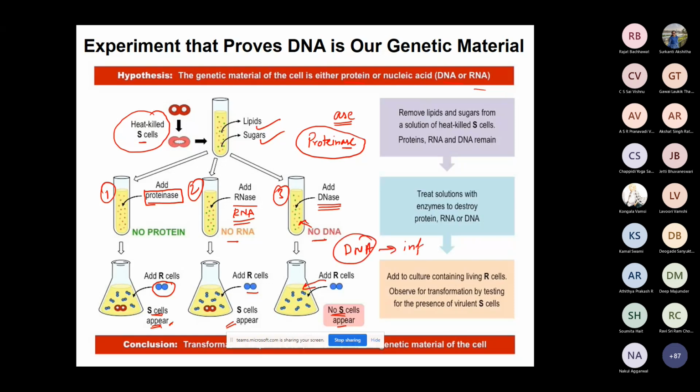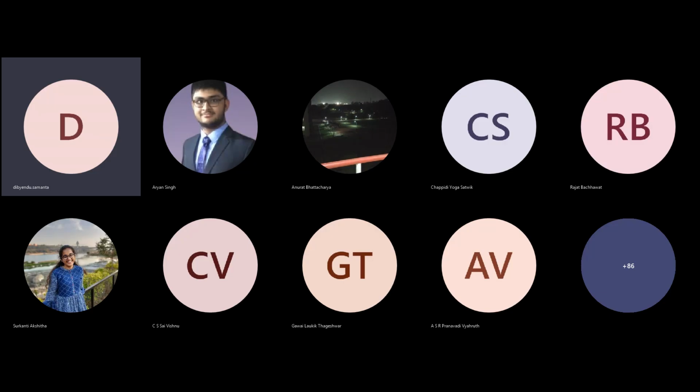Okay? DNA is our genetic information. Like whatever Griffith observed, if you combine both of these experiments, you can explain that DNA is our genetic material. And now all of us know, but I just discussed the overall experiment.